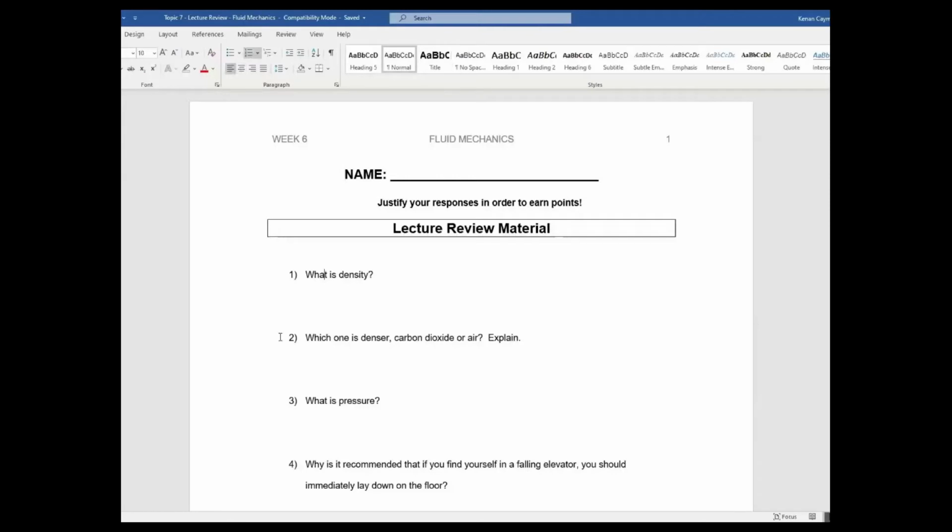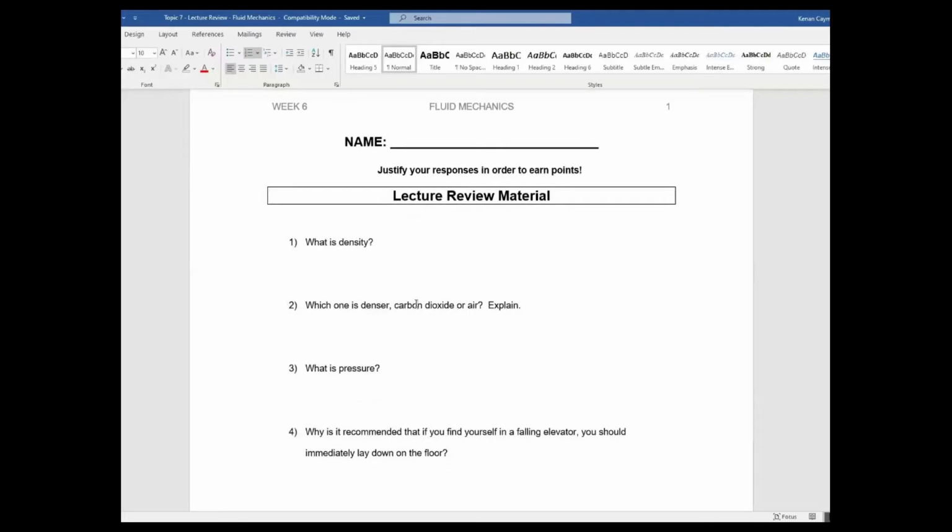All right, so let's go over the basic definitions. What's density? It's the quantity of mass per unit volume. Okay, very good. That's mass per volume. Speaking of densities, question number 2, which one is denser, carbon dioxide or air?